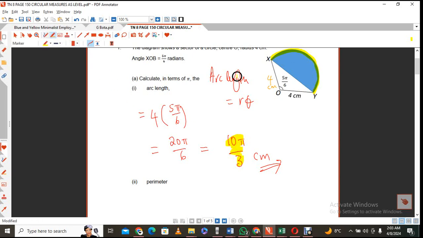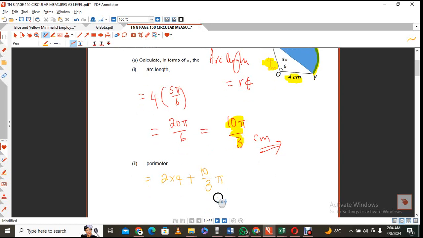So we just simply have to add them all up in order for us to calculate the perimeter. So the perimeter will be 2 times 4, okay, plus 10 over 3 pi. Okay, but of course you can simplify it if you want to.